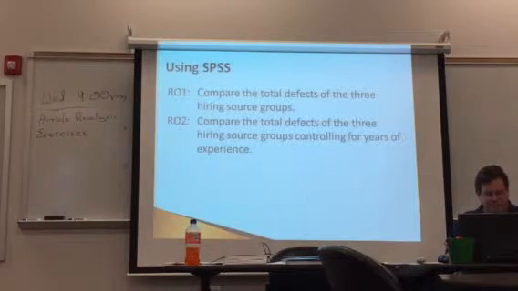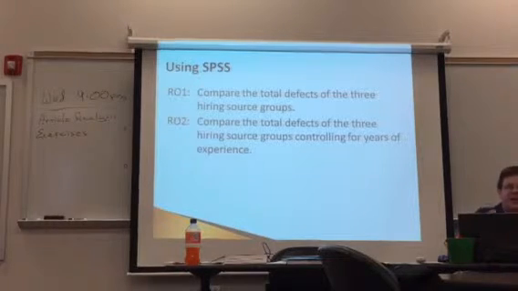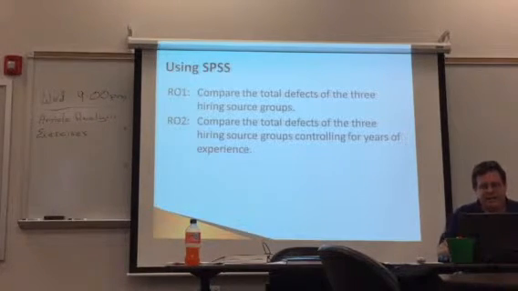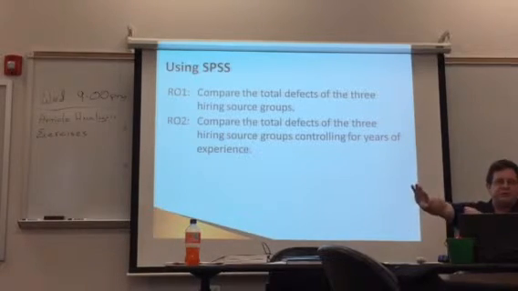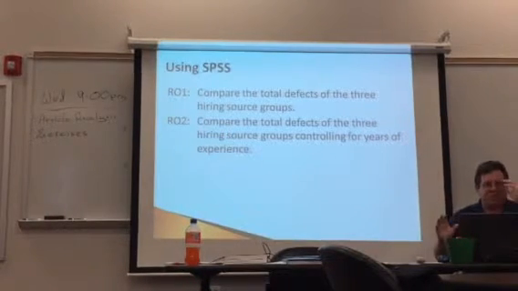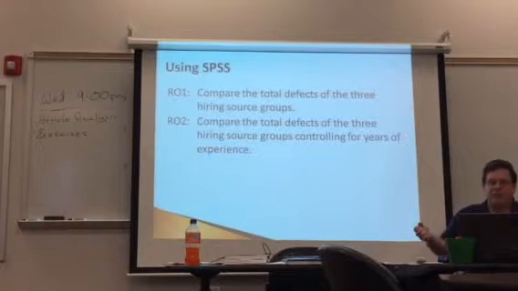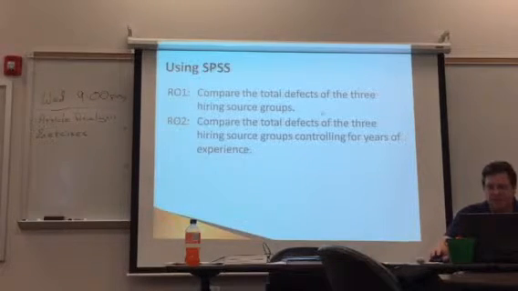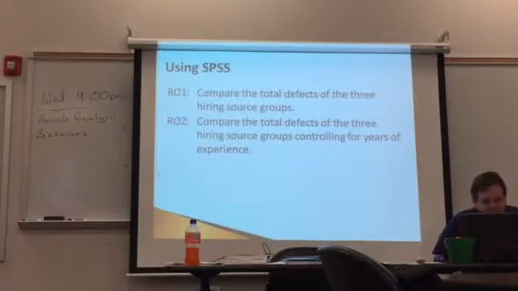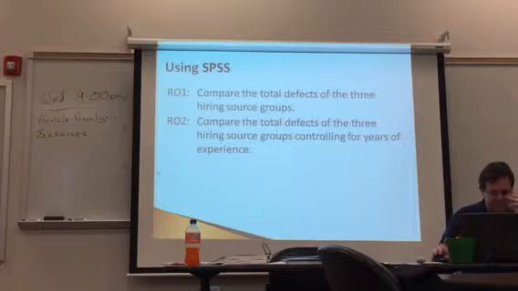Hiring source has been ignored except for in the two-factor ANOVA. And so we're going to look at the hiring source and total defects relationship by itself, and then we're going to throw in years of experience as a possible covariate.